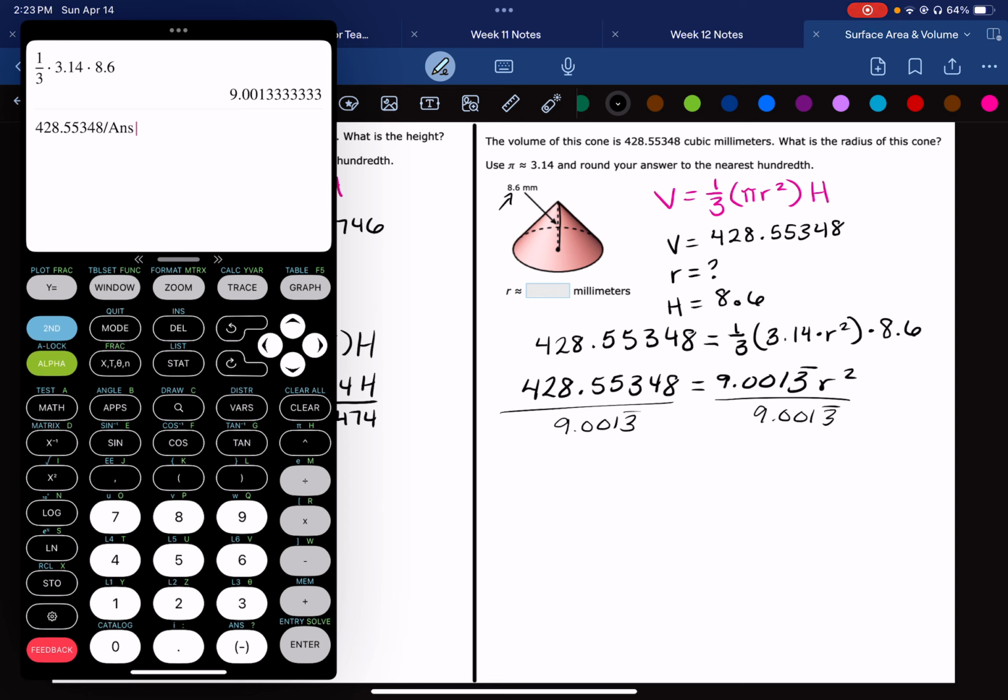And what you're telling the calculator to do is to take the number that you typed in and divide it by the previous answer that was found. And because you did that, it's not going to round the result from the previous answer. Okay, it's going to divide it truly. All right, so we're going to go ahead and enter, and we get 47.61 is equal to r squared.